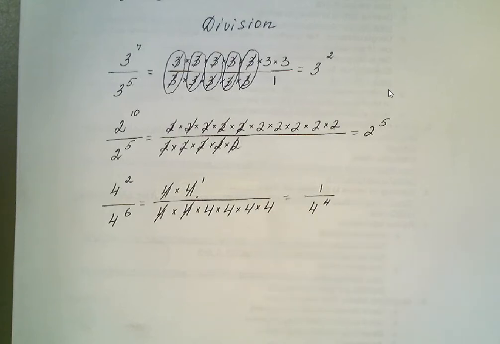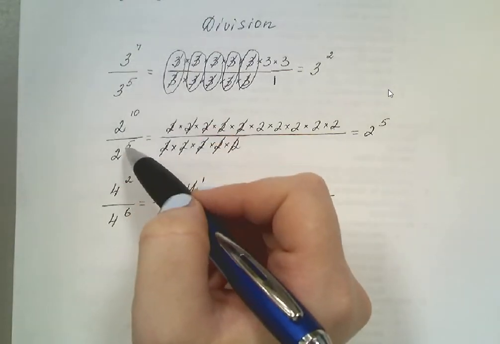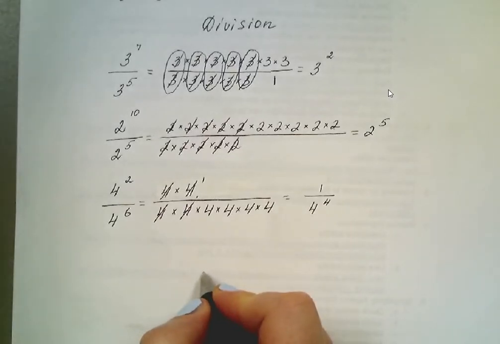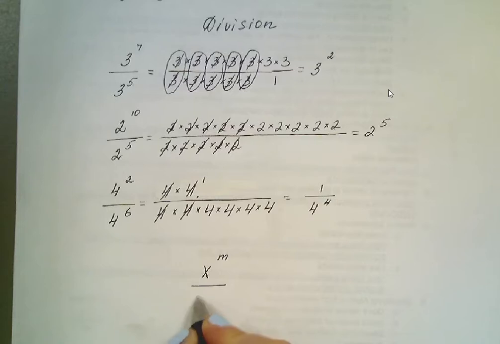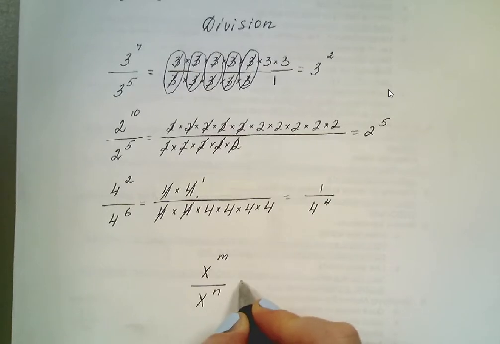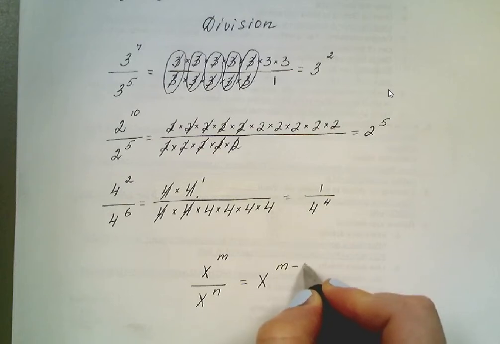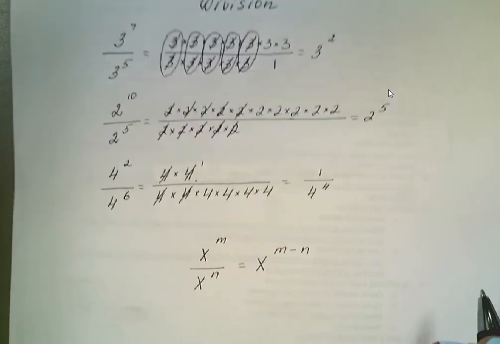What that really is, I am just subtracting these powers, right? So I can say that any number x to the mth power divided by x to the nth power is going to equal x to the power of m minus n. We are subtracting the exponents when we divide numbers with the same base.